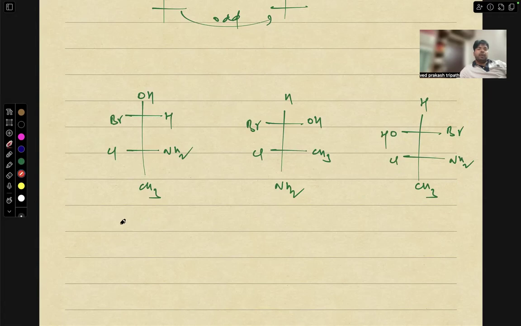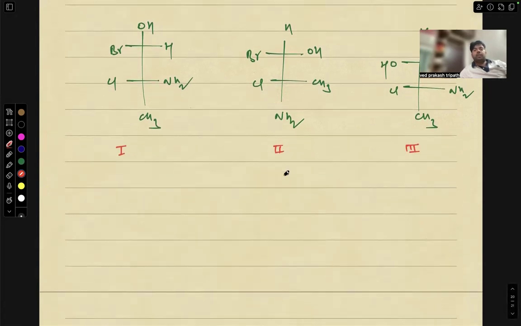So we have three compounds, 1, 2, and 3. And I'm asking what is the relationship between 1 and 2, 2 and 3, and 1 and 3. So let's talk about 1 and 2. Let's apply the exchange rule. Look at this top and this top chiral center. How many exchanges between them? If you look at the very first chiral center, Br in the left, Br in the left, and there is a mutual exchange between OH and H. So this is odd.